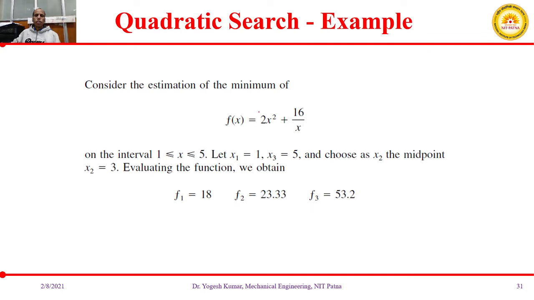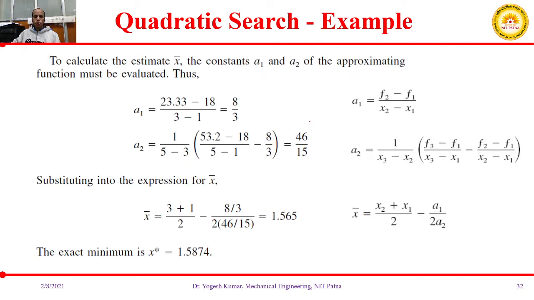So this was our quadratic approximation method, and we tried to solve one example using it. This yielded the value of x bar, which was nearly equal to the exact value. The approximate value of the optimum x was 1.565.